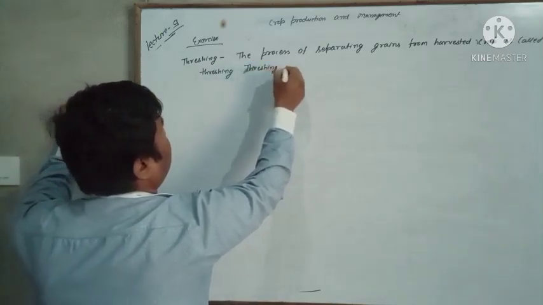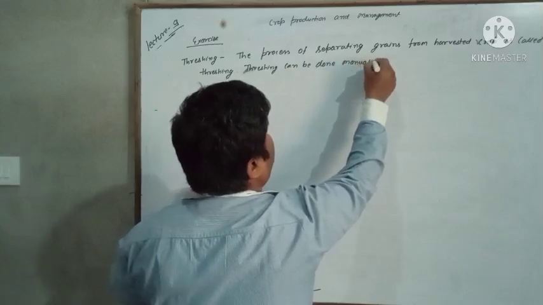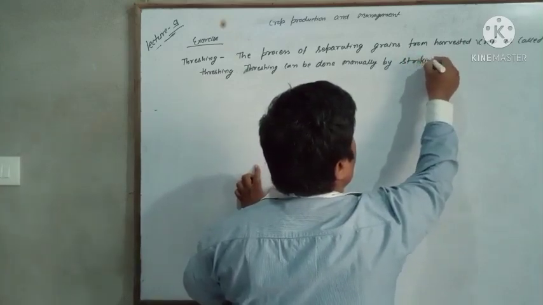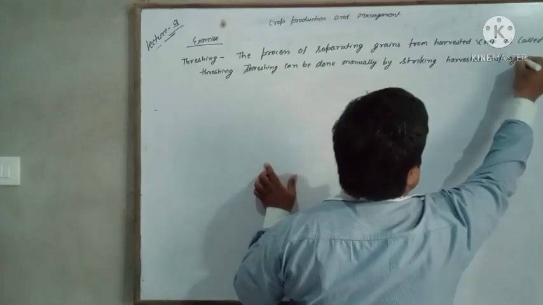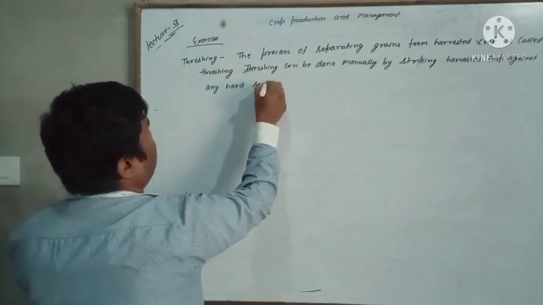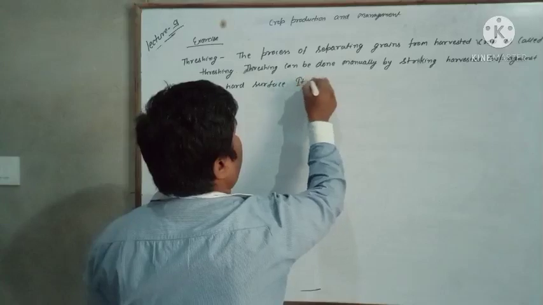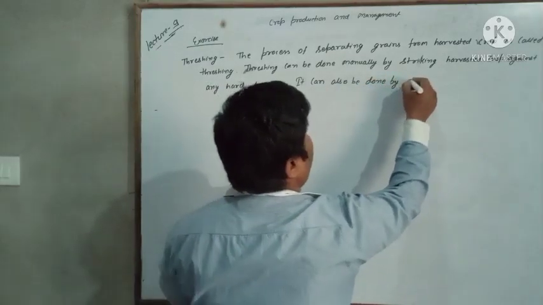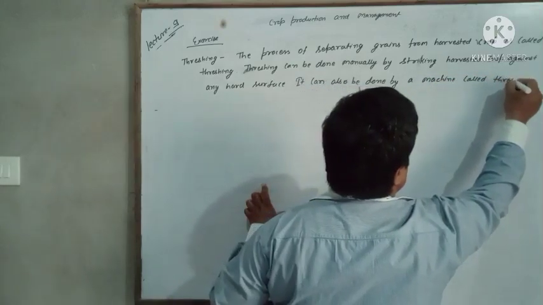Threshing can be done manually by striking the harvested crop against any hard surface, or it can also be done by a machine called a thresher.